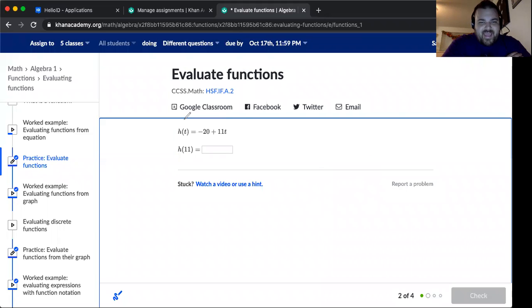New function here. We got h of t equals negative 20 plus 11t. And they want us to evaluate h of 11. So they're saying evaluate the h function when 11 is the input. So we're going to take 11, make it the input by substituting it in place of t in the function up here. We end up with negative 20 plus 11t, but it's no longer t.